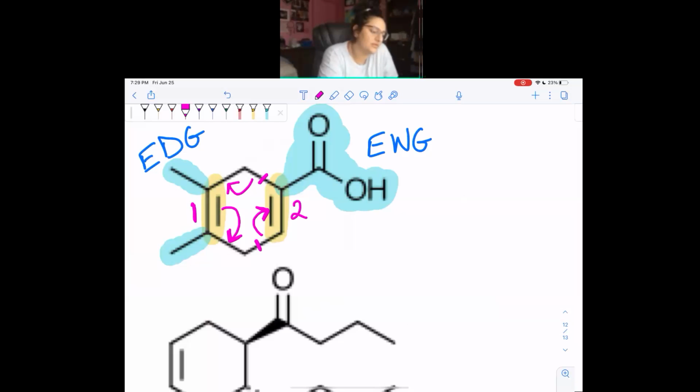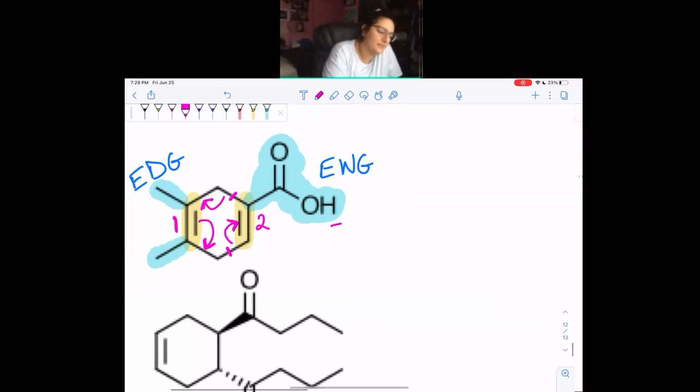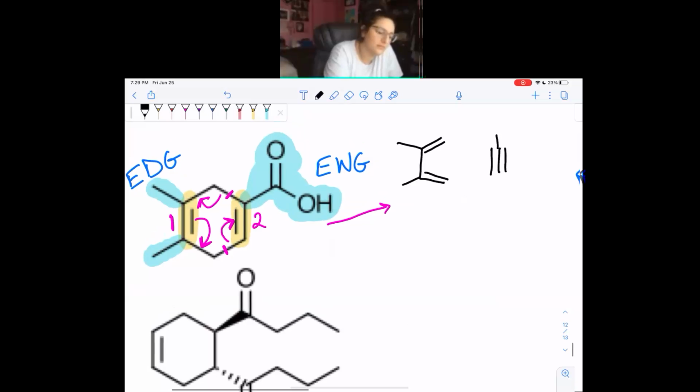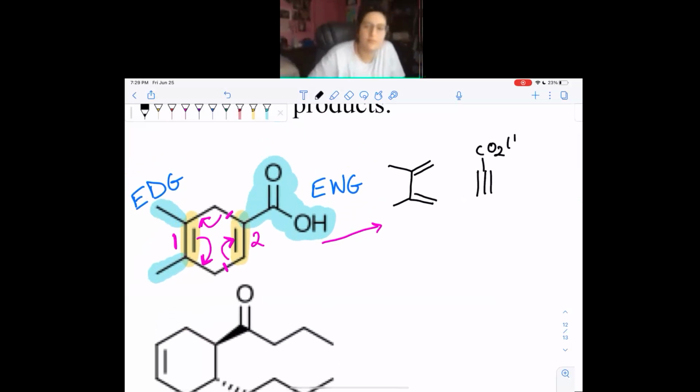Those electrons used to be here. And so it's a backwards circle. And what this indicates is that we had a double bond here, a double bond here, and we had a triple bond here. That's one way to do this.